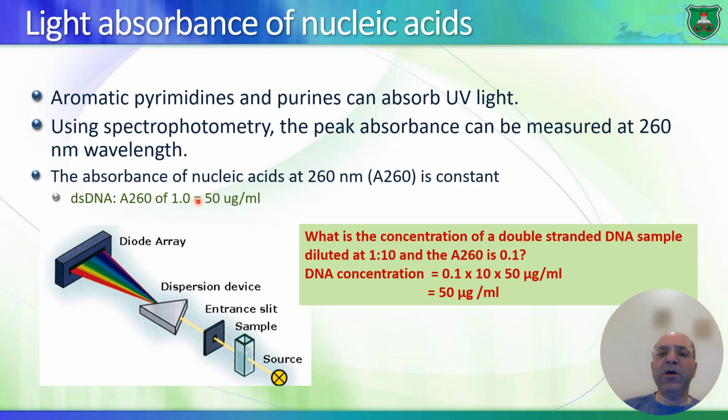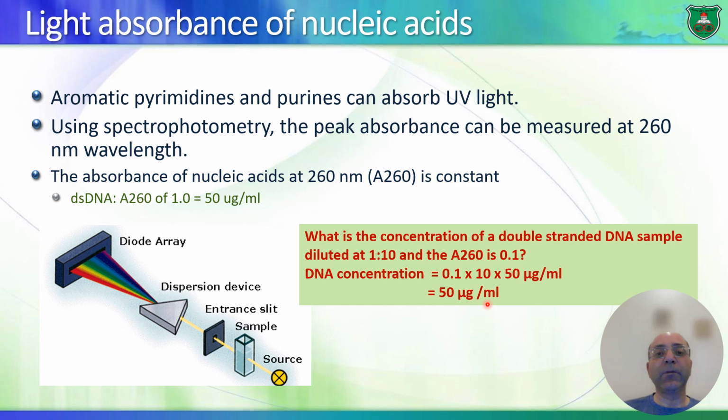So if my sample absorbs 0.1, it means that the concentration is 1/10 as well. But we have to multiply by the dilution factor, which is 10. So the concentration of the original sample is 50 micrograms per ml.